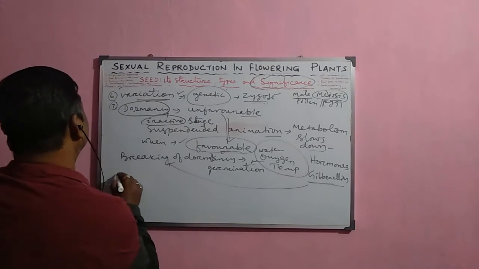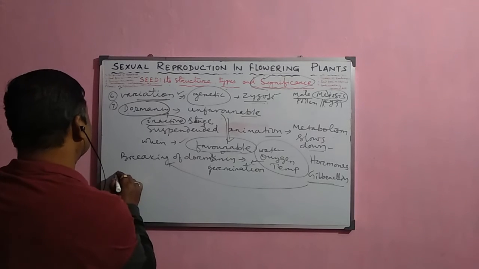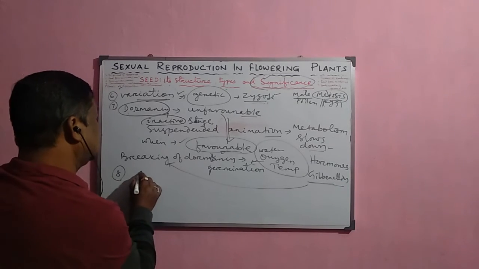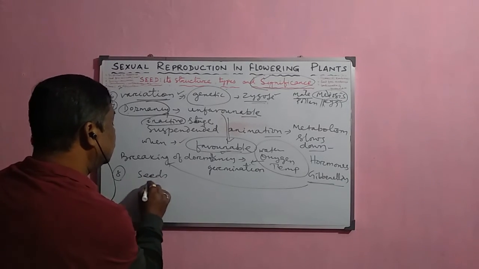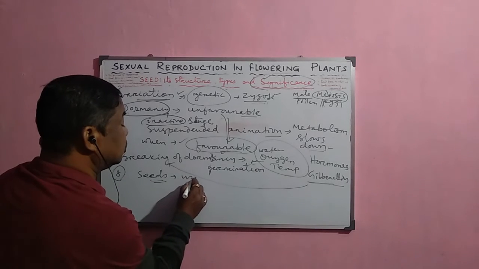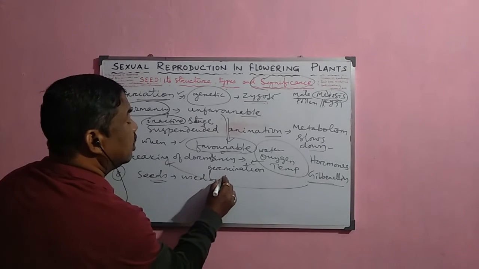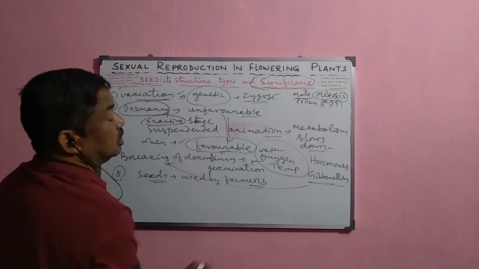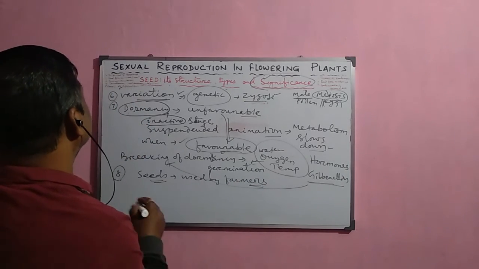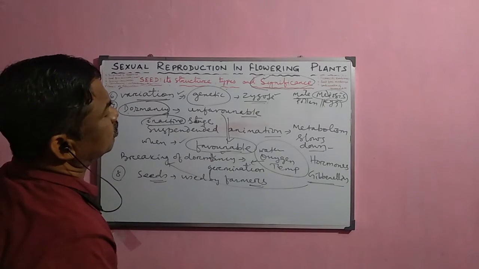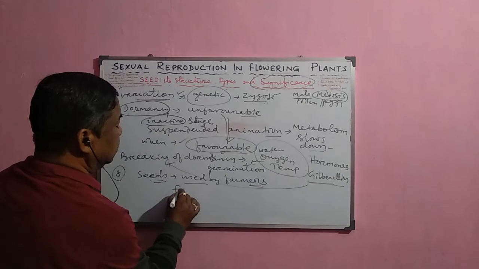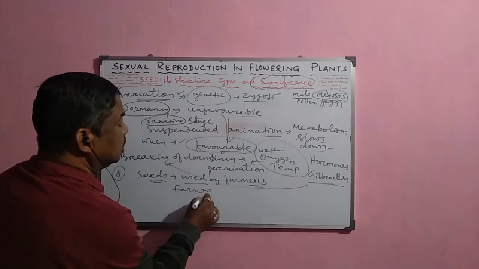Now, another most important thing, of course, it is not directly related to the reproduction process. The seeds are commonly used by the farmers or by the agriculturists for the continuation of the agriculture process, whenever we are going for farming or cultivation.